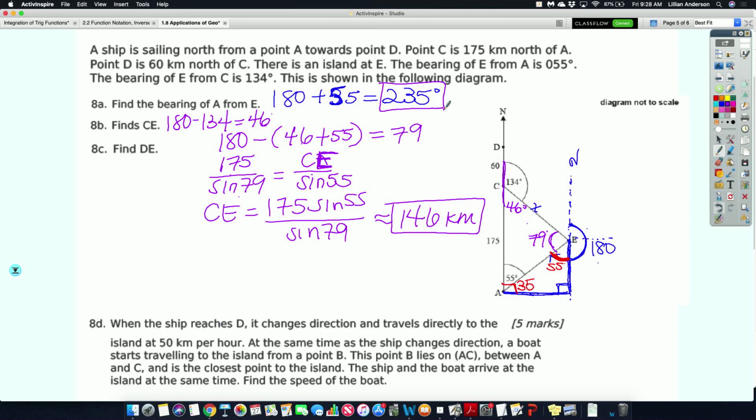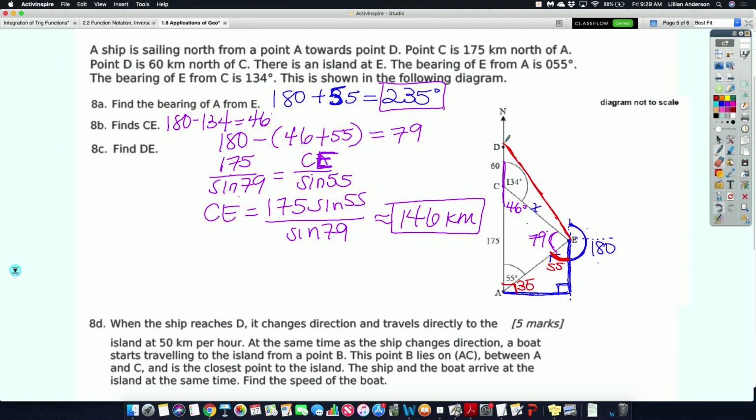Then part C is asking us to find DE, which I'm going to draw in after I erase some of these other items. What can I use to find DE?